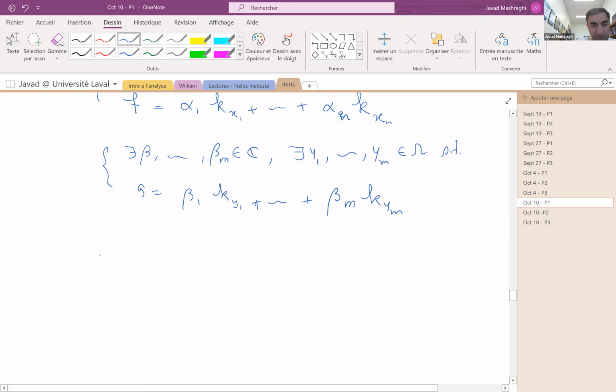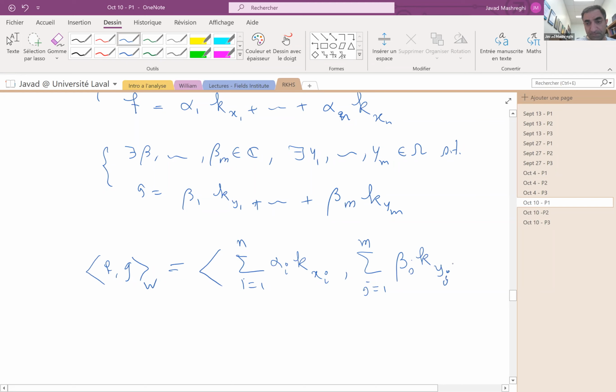How do we find the inner product of F and G in W? I haven't defined it yet, but let's see what we need here. So it's the sum from i from 1 up to n, alpha i k x i, and then for G, j from 1 up to m, sum beta j k y j.